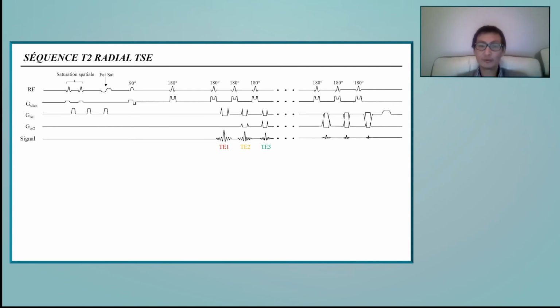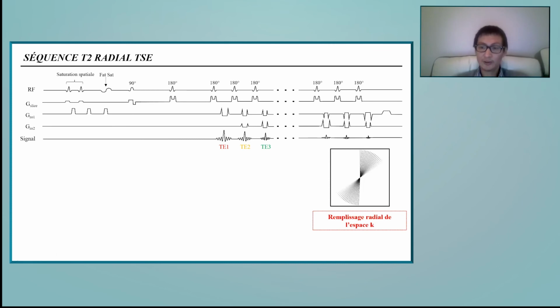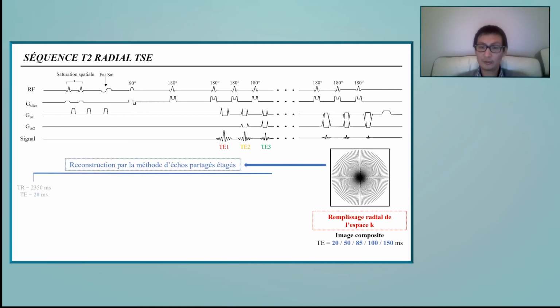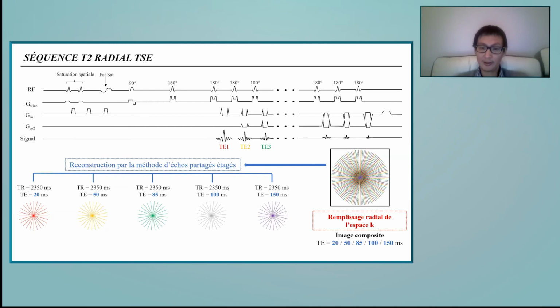I am not able to describe very precisely this imaging sequence, but basically this is a two-dimensional T2 radial sequence where we are able to fill a k-space radially in 2D, but also to reconstruct retrospectively several TE values from the same k-space acquisition.